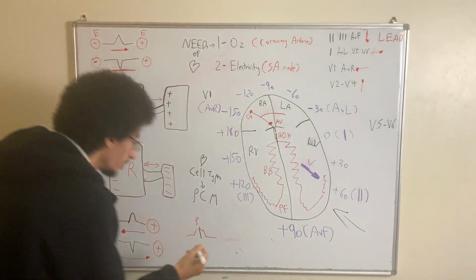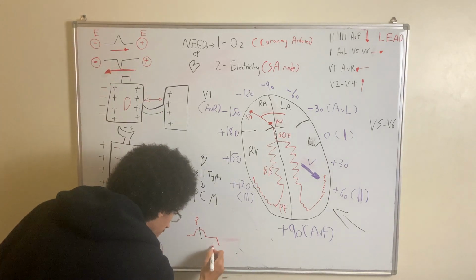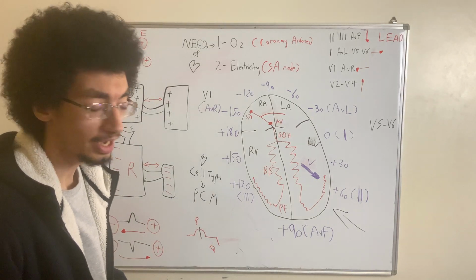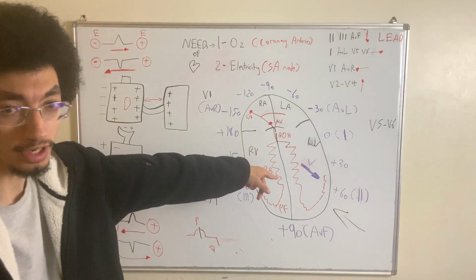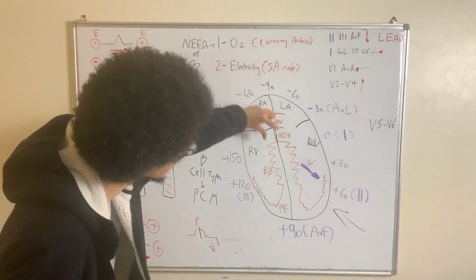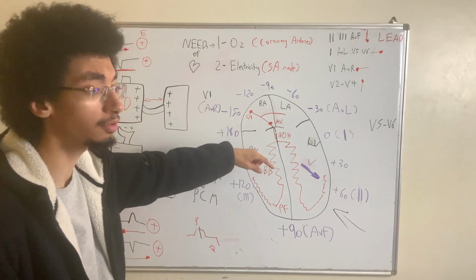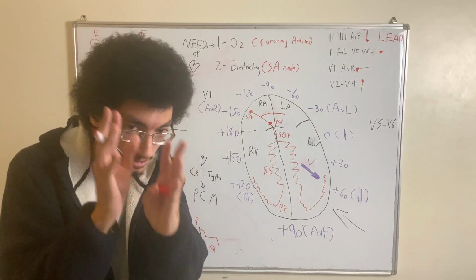So we will have here what is known as a Q wave, which represents septal depolarization. It will depolarize the septum in the middle. And this wave of action potential, this wave of depolarization, will not go towards the right or towards the left just yet.